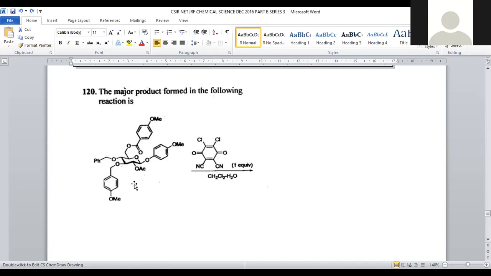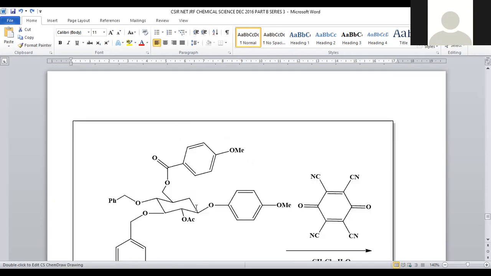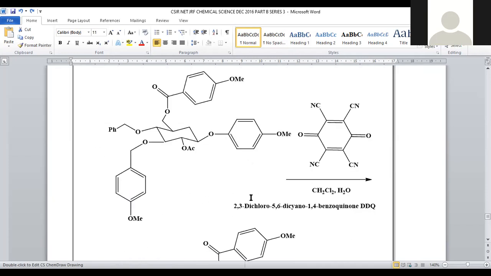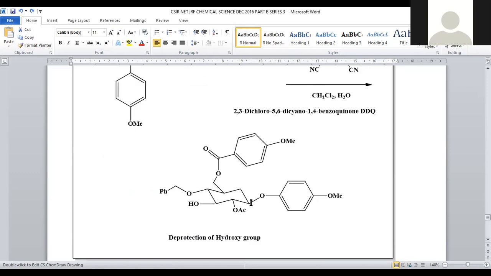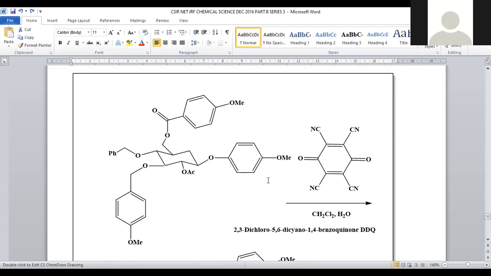Even though these many hydroxy functional groups are there, the deprotection is selective. Deprotection is possible for this kind of hydrogen, because this group is a better leaving group when compared to the remaining ones. So if more than one equivalent of DDQ is given, all the remaining protected groups will be deprotected.